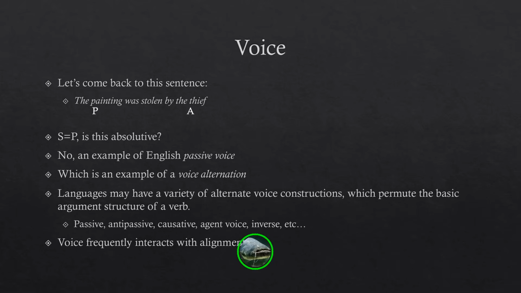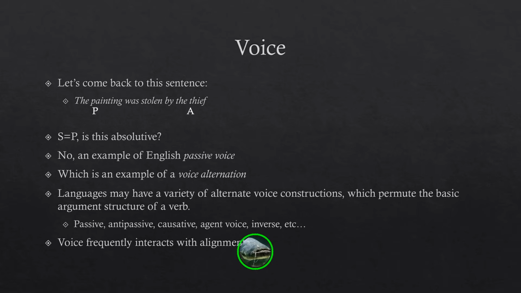And you get some other stuff that is maybe more language specific. Mayan languages have this agent voice construction. Algonquian languages have an inverse voice, etc., etc. This really is a little less generalizable from language to language. And voice frequently interacts with alignment, which we'll see in the next slide.